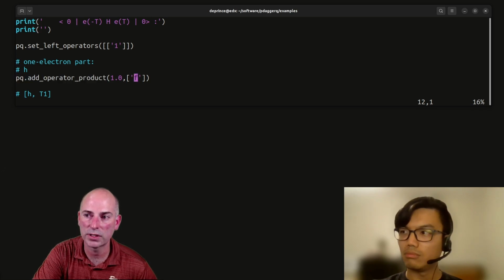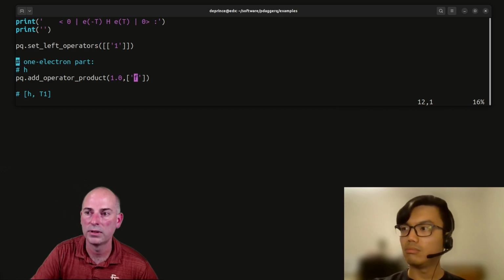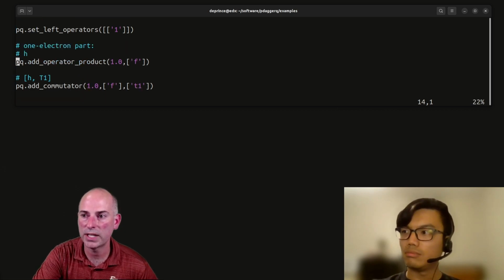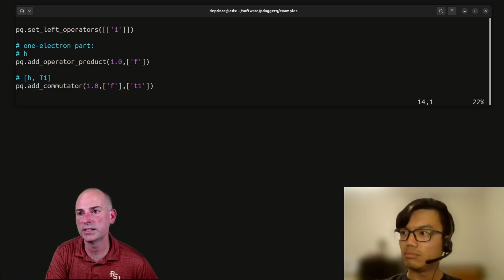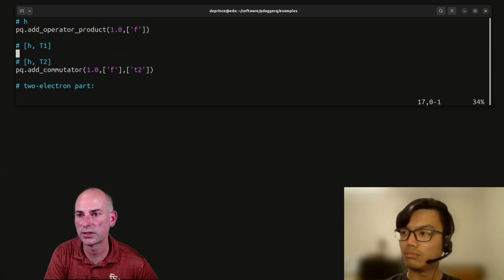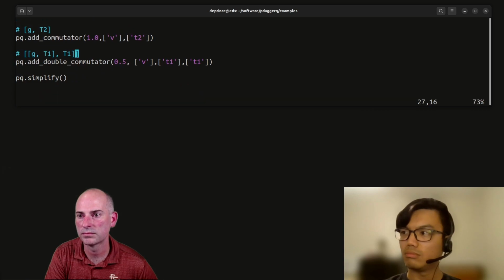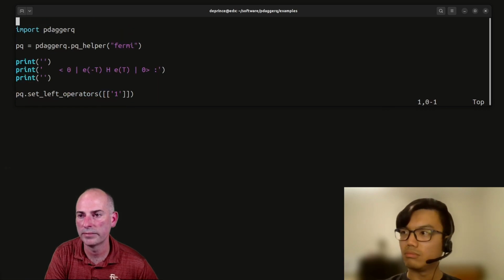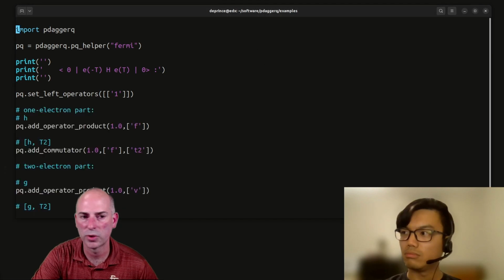That's the Fock matrix in the language I'm using here, so it's F. And I have the commutator of the Fock matrix with, this isn't CCD, this is CCSD. So let's change it. Let's get rid of all the T1s that are everywhere. Okay. I'll give myself more.